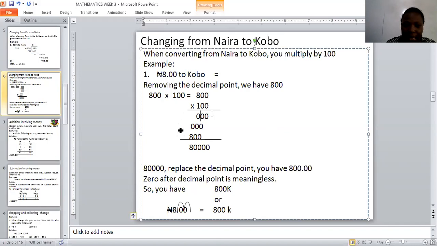Now, 0 again plus 0 plus 0 will give you 0. Then 0 plus 8 will give you 8. Arrangement is very, very important in mathematics. We have this place as 0, 0.